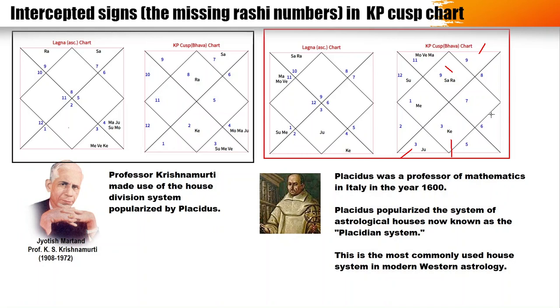But before that, let's look at some of the ordinary stuff about the KP cusp chart, as a lot of you who might be beginners have some confusion. So I'm going to quickly recap the usual KP cusp chart.